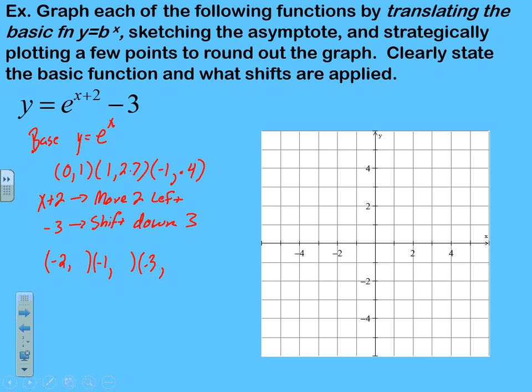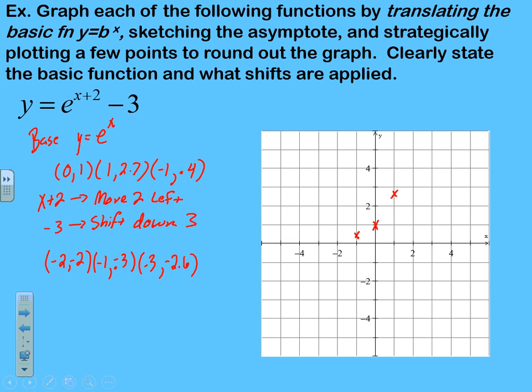So in the first point, I'll get negative 2. In the second point, I will get about negative 0.3, and I will get about negative 2.6 for the third point. So if we plot our parent function, we have 0, 1, we have 1 and about 2.7, and negative 1 and about 0.4.